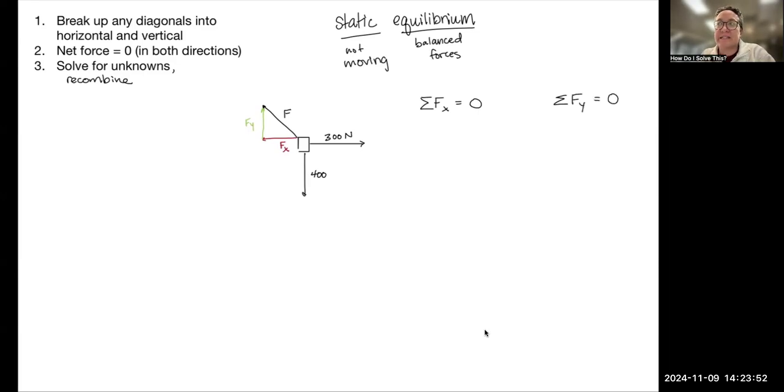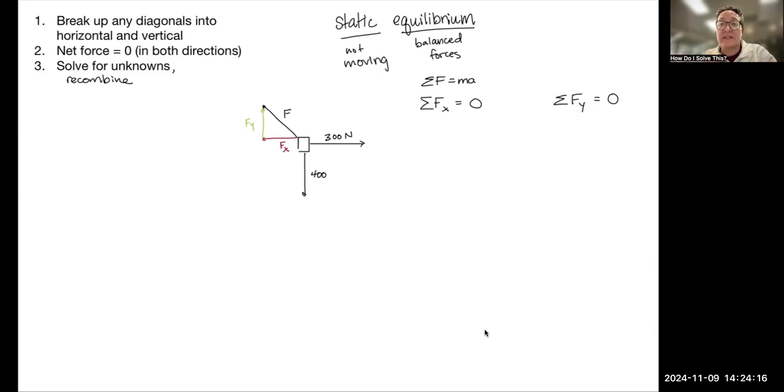Why? Because if it's not moving, it's not accelerating. And if it's not accelerating, aka it has an acceleration of 0, then net force equals ma becomes net force equals 0.